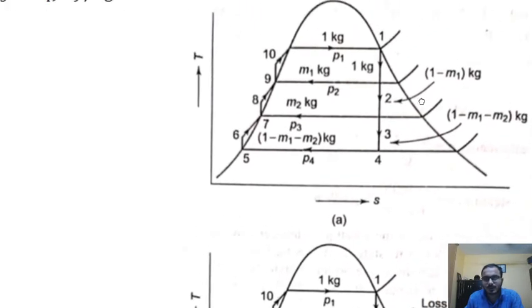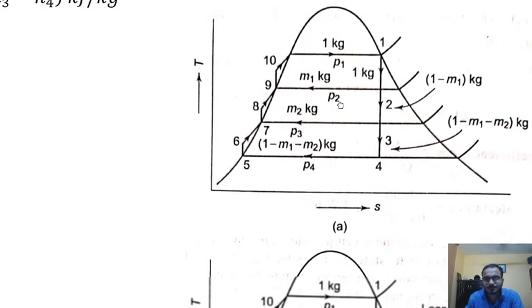So first let's focus on this TS diagram, that here point number 10 to point number 1, it will be a heat addition process that is happening in boiler.